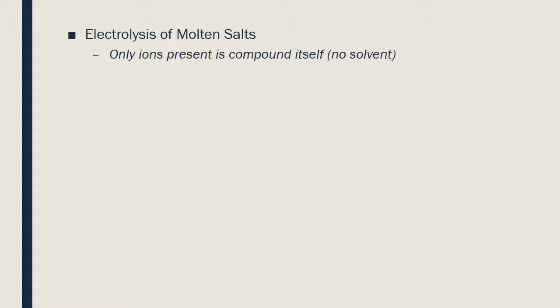So for the SL portion, looking at molten salts, that means if it's a molten salt, it's a salt in its liquid state. And so the only ions present are the compound itself. There's no solvent, so you don't have to worry about any other ionization occurring. The example we're going to look at is molten lead bromide.